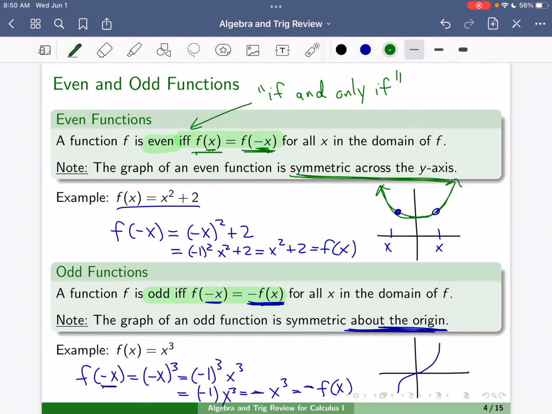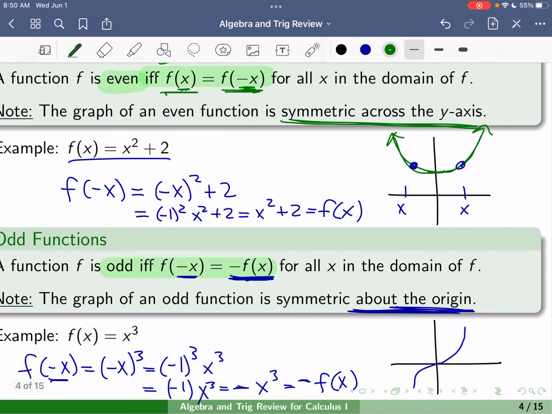If I go x units to the right and go x units to the left, the y values should be opposites of each other. Right, so if the y value up here is 1, then the y value down here is negative 1, the opposite value of it.